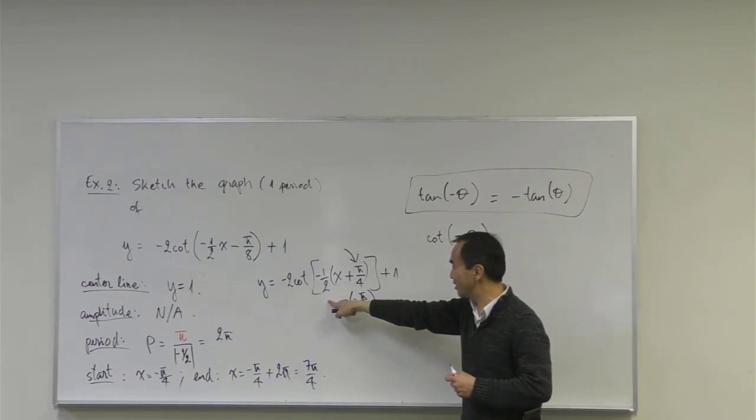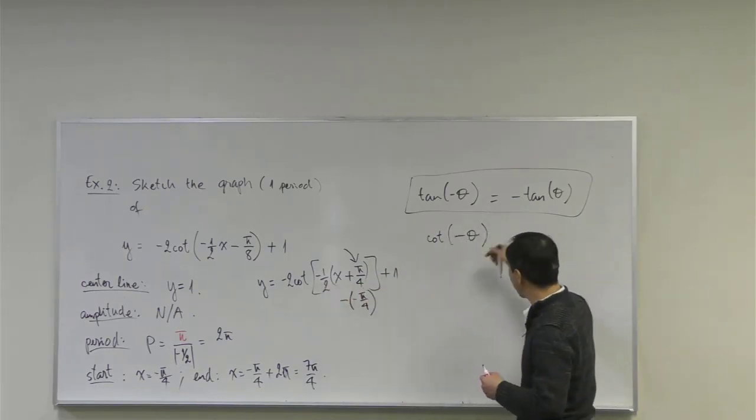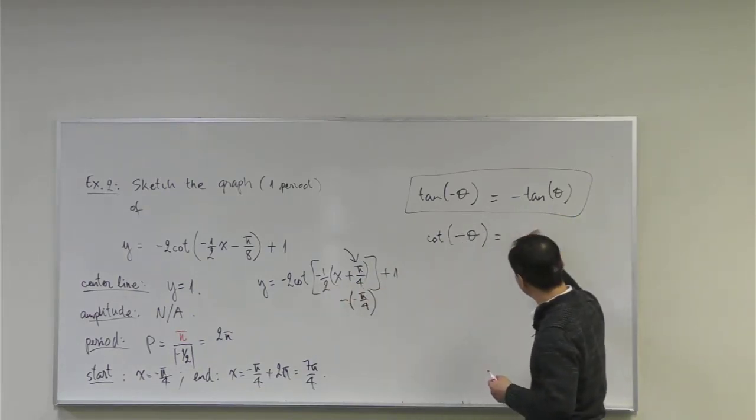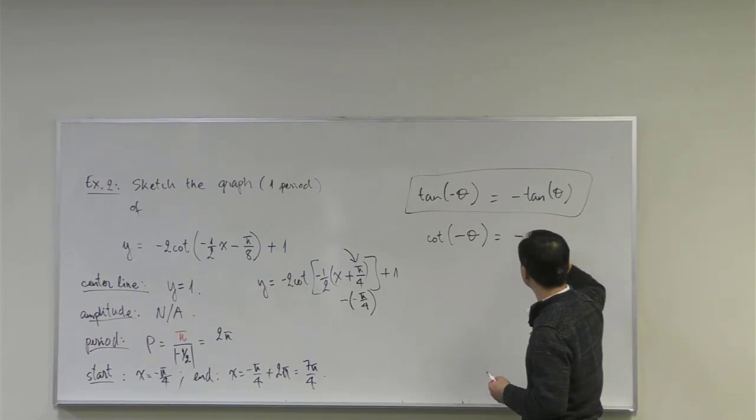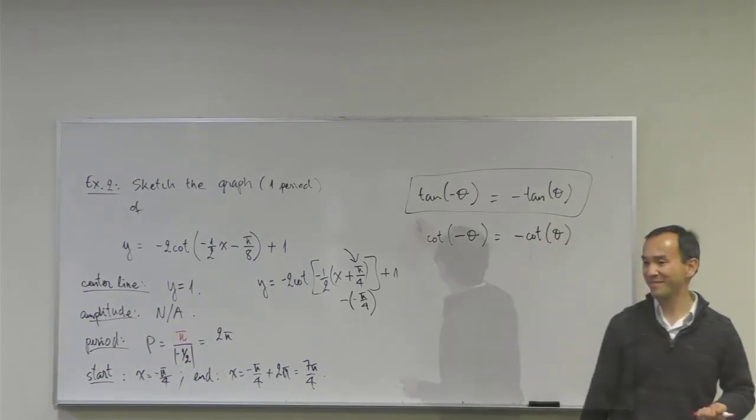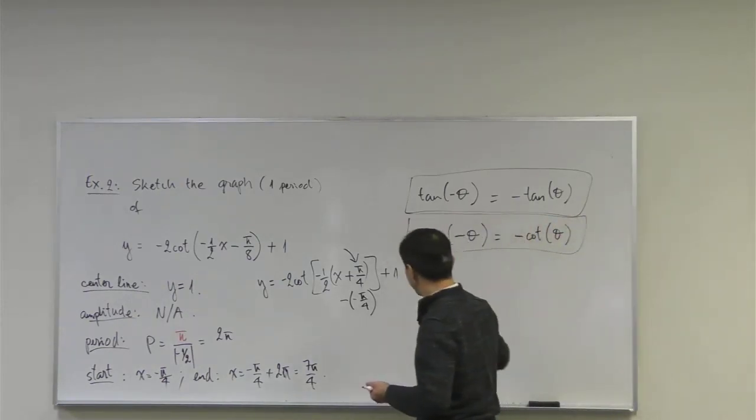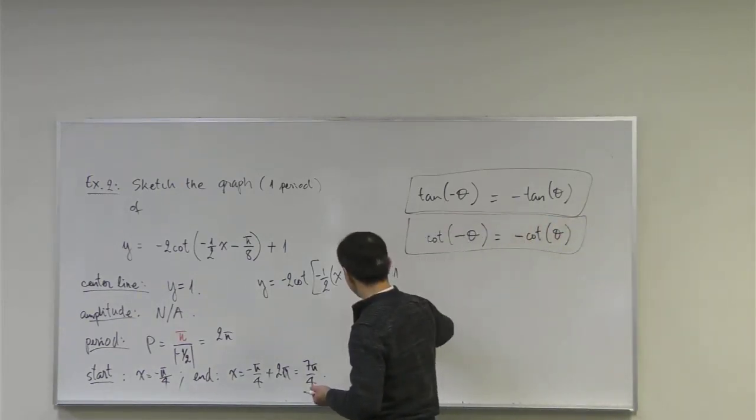So when you're taking cotangent of a negative input, we can do the same thing: put the negative sign in front of our cotangent. That makes it negative cotangent of the usual positive input. So in our case right here, think about the consequence.